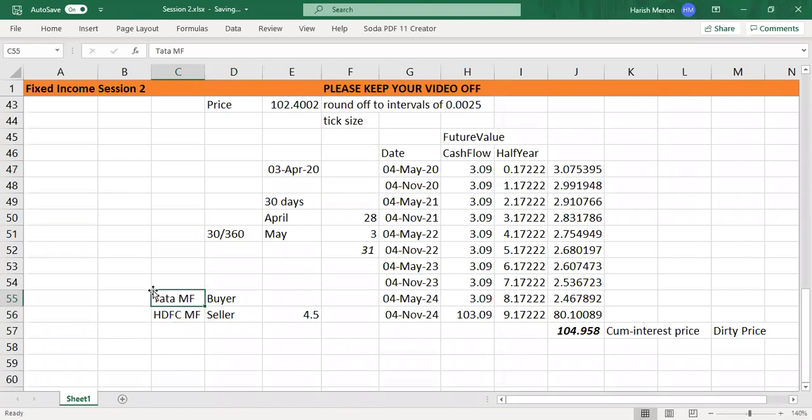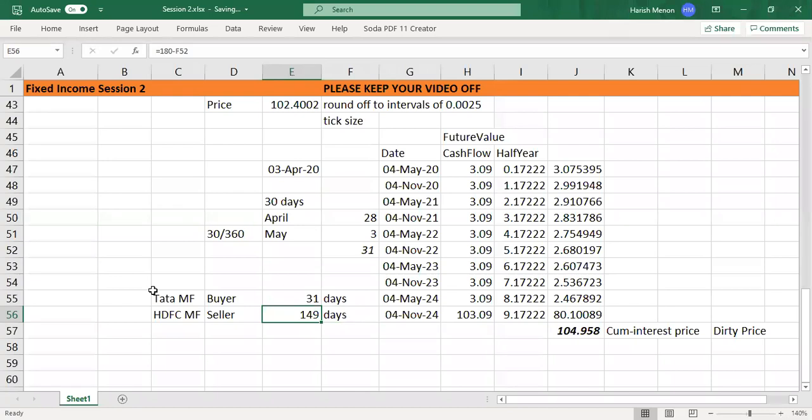Tata Mutual Fund is buying the bond only now. HDFC was holding the bond over the last so many days. Over the total 180 days of the coupon, minus 31 days that Tata Mutual Fund is holding the bond for. This is how the two parties were holding the bond in the last 180 days.